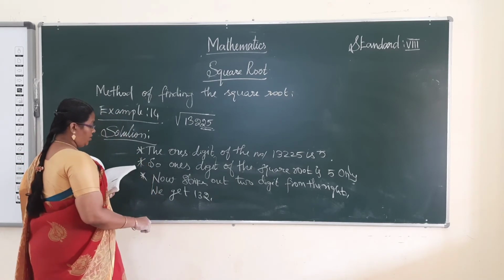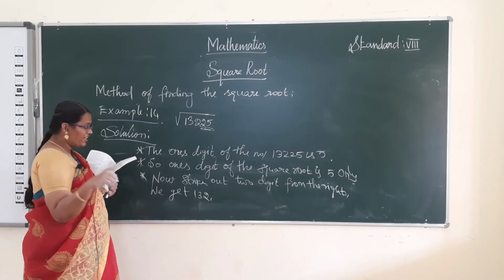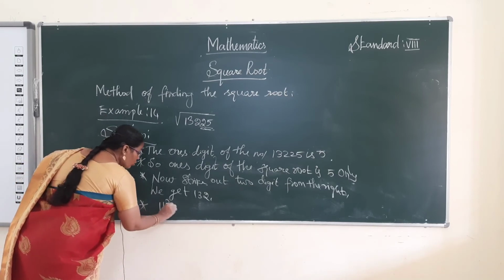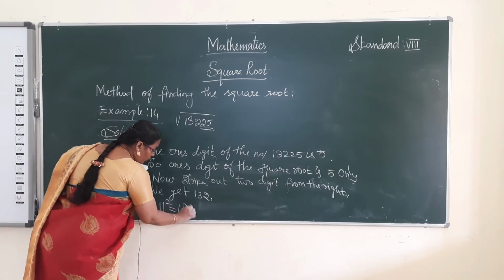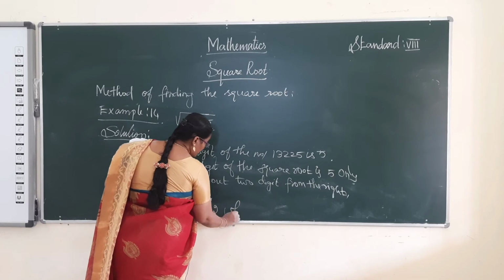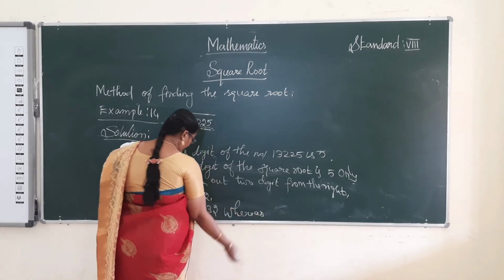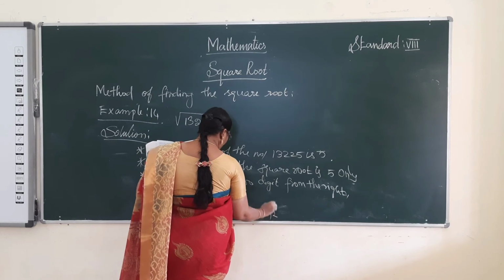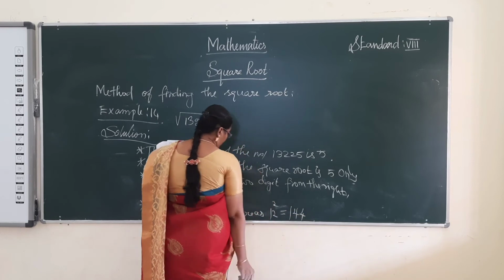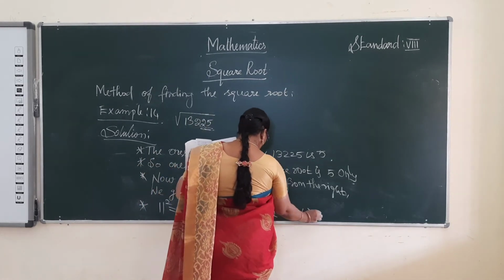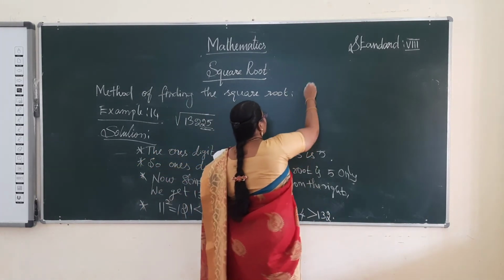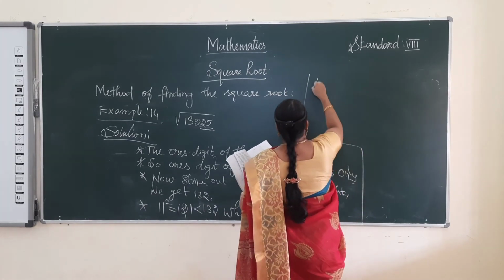Now 11 squared is 121. 11 squared is equal to 121, which is less than 132. Whereas 12 squared is equal to 144, which is greater than 132.